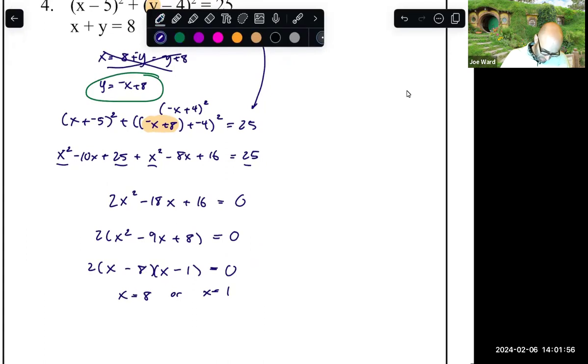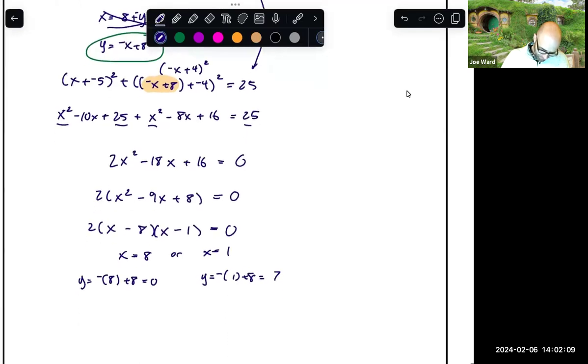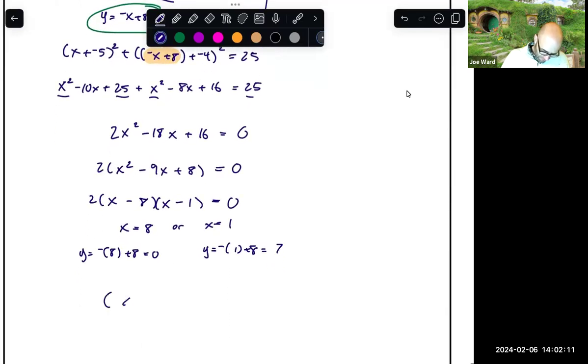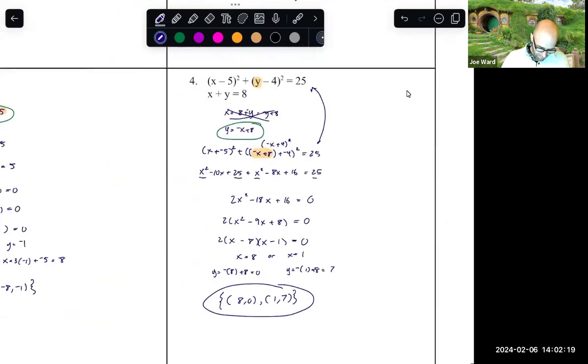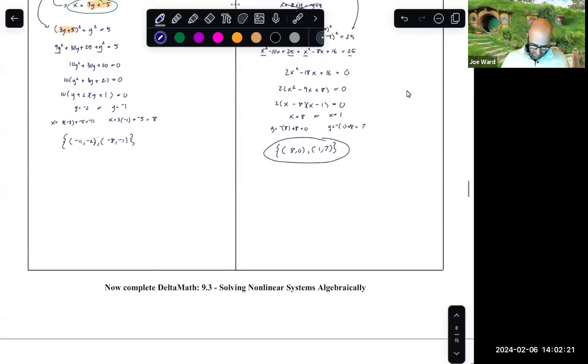So y is equal to negative 8 plus 8, which is 0, or y is equal to negative 1 plus 8, which is 7. So (8, 0) and (1, 7) are solutions to that.